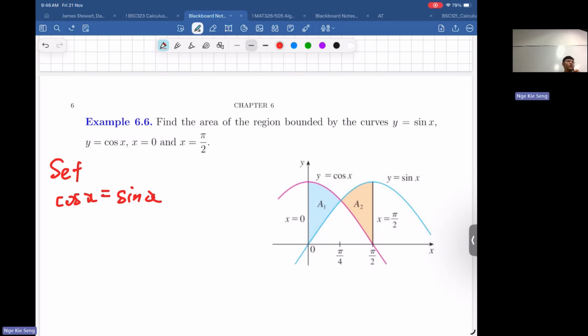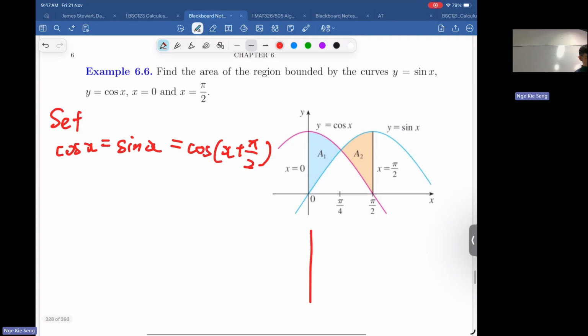Well, one thing you need to remind yourself is this function is periodic. So there's a way to get from sine to cos and from cos to sine. To get from sine to cos you just move your x by pi over 2. How do you remember this? You should remember the basic graph first.